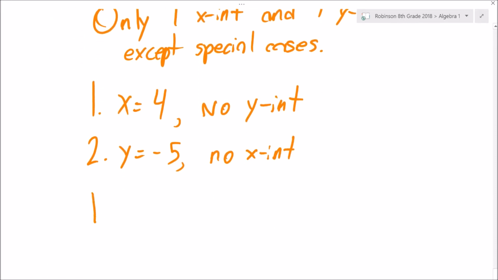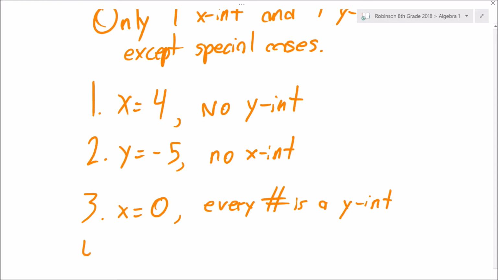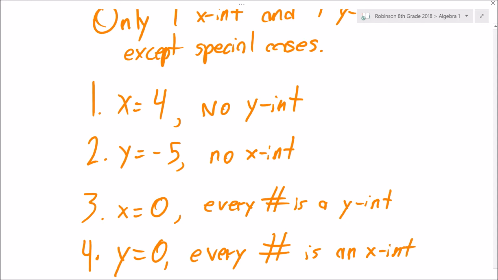If you have x equals 0, then every number is a y-intercept. And if you have y equals 0, then every number is an x-intercept. But aside from those, if we can write it in standard form with an a and a b and a c, and a and b aren't 0, then we're good. We only have one of each. Okay?